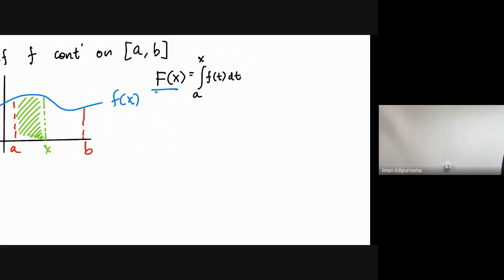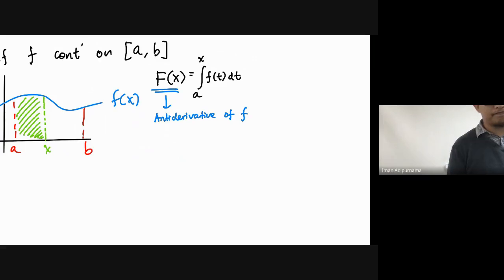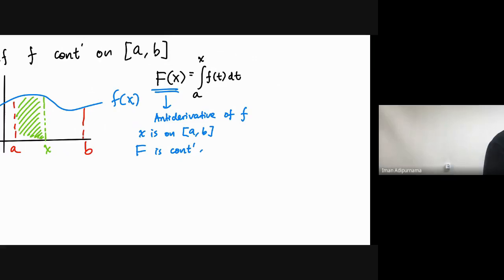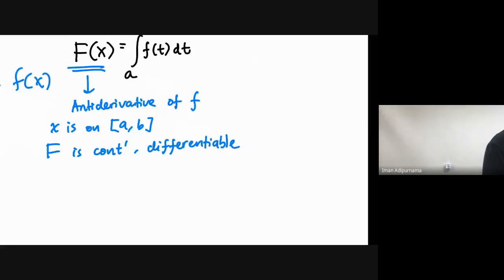The big F means this is the antiderivative of the small f, and x is on the interval [a, b], and the big F is continuous and differentiable on (a, b).